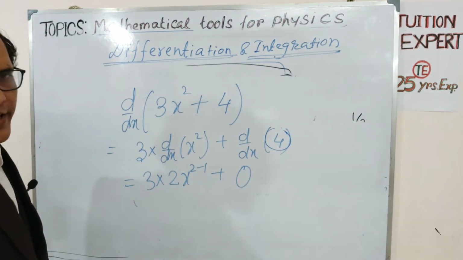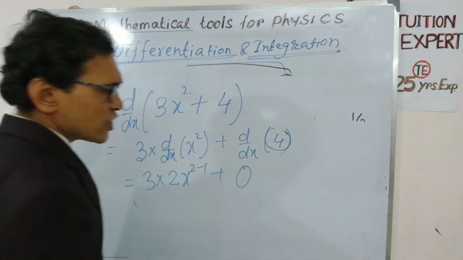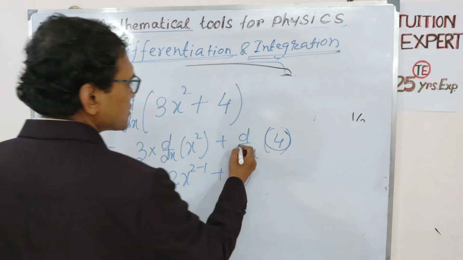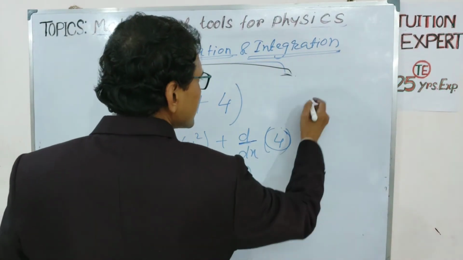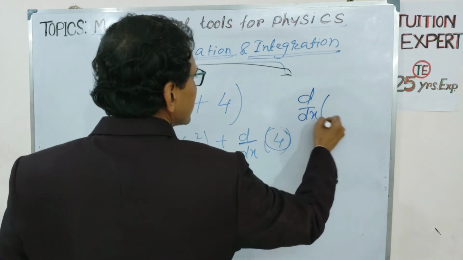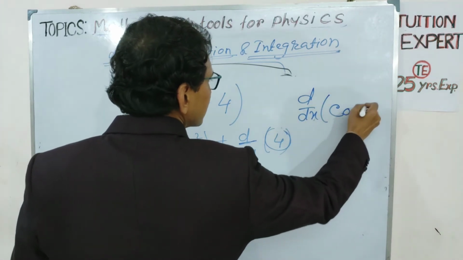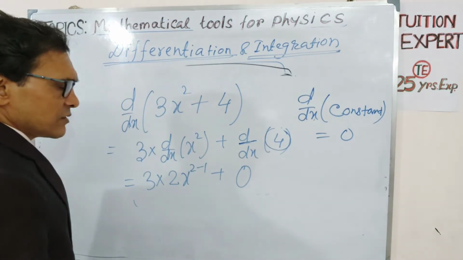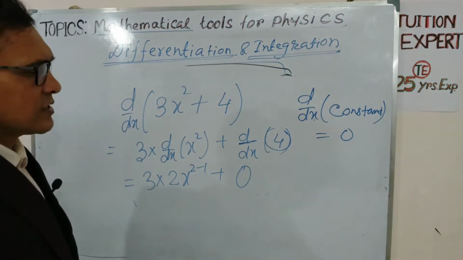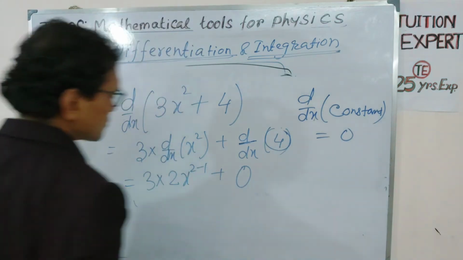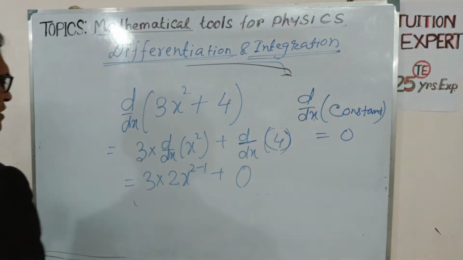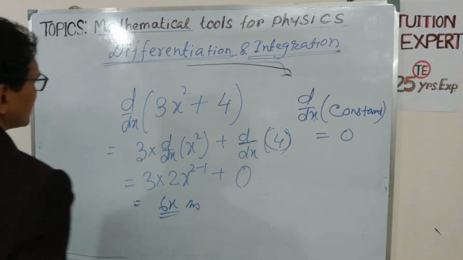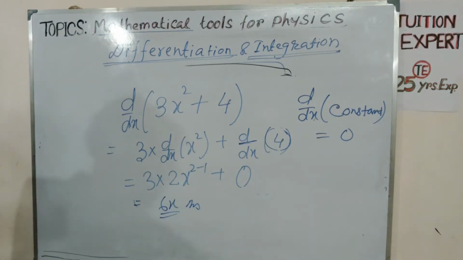As 4 is constant, no variable is here, so change of 4 becomes 0, so the derivative of any constant term is 0. That is 6x. So this way differentiation can be done.